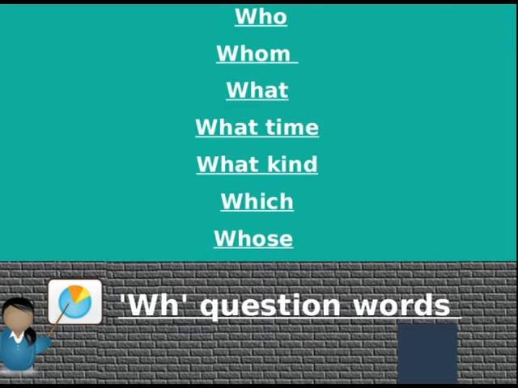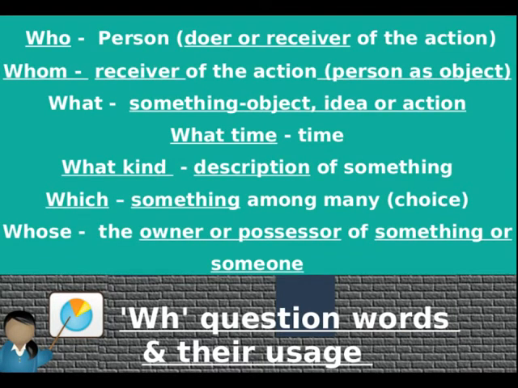Let's see some more examples. Question words: who, whom, what time, what kind, which, whose. Who always indicates a person, usually doer or receiver of the action. Whom, receiver of the action, usually it is a person in the object part. What always indicates something, could be an object, an idea or action.